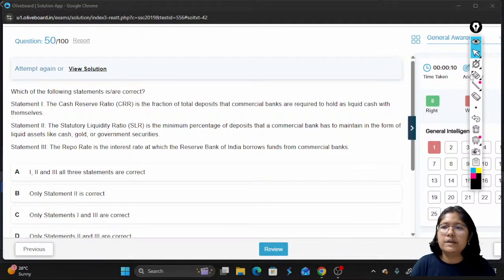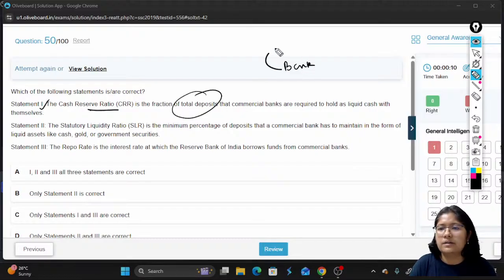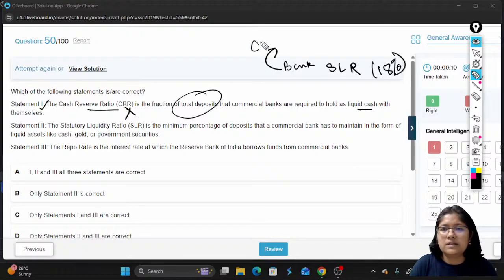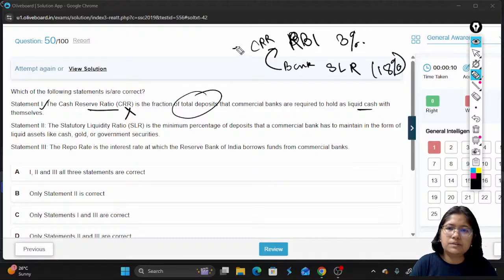Which of the following statements are correct? Statement 1. The cash reserve ratio, CRR, is the fraction of total deposits commercial banks are required to hold as liquid cash with themselves. No. SLR is that which is currently at 18%. CRR is that amount which the bank has to hold with the Reserve Bank of India, which is at present 3%.